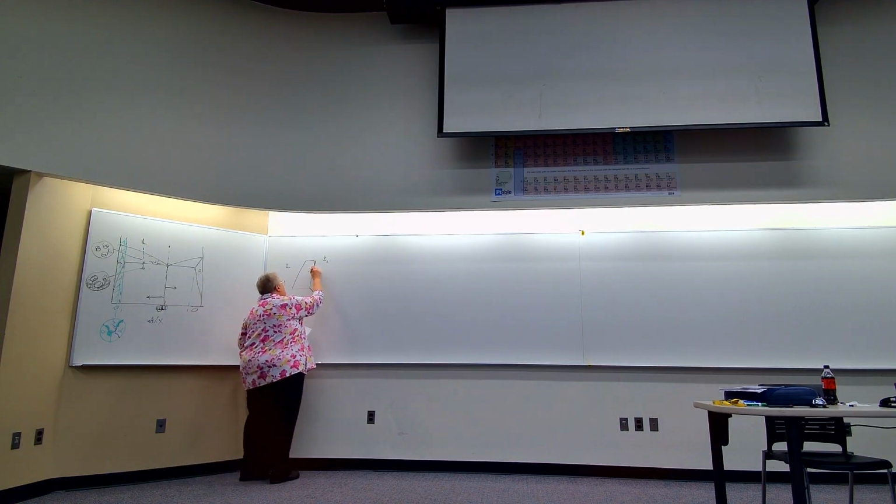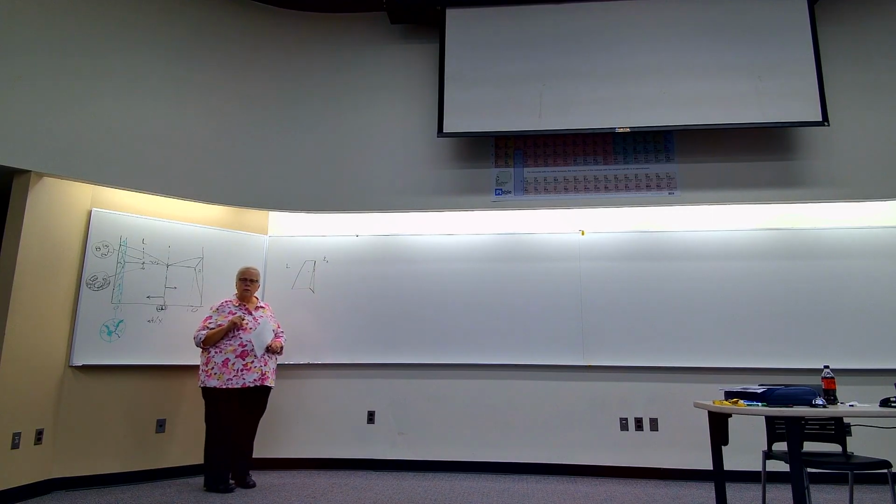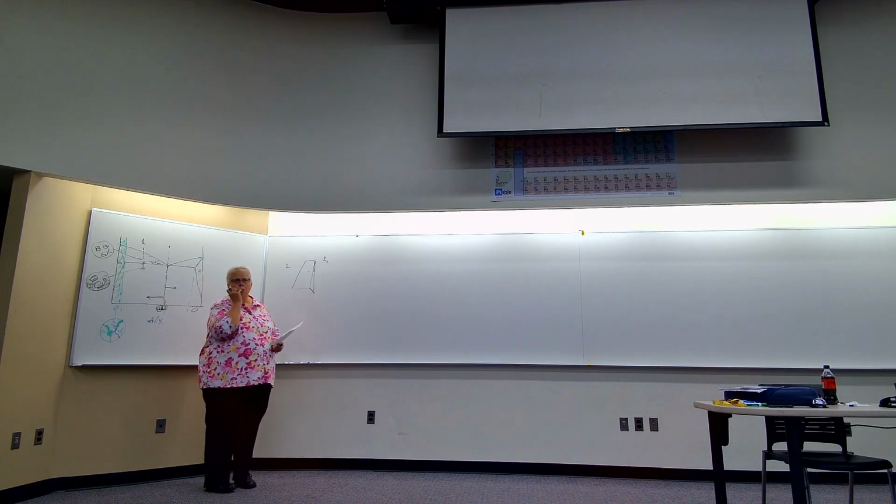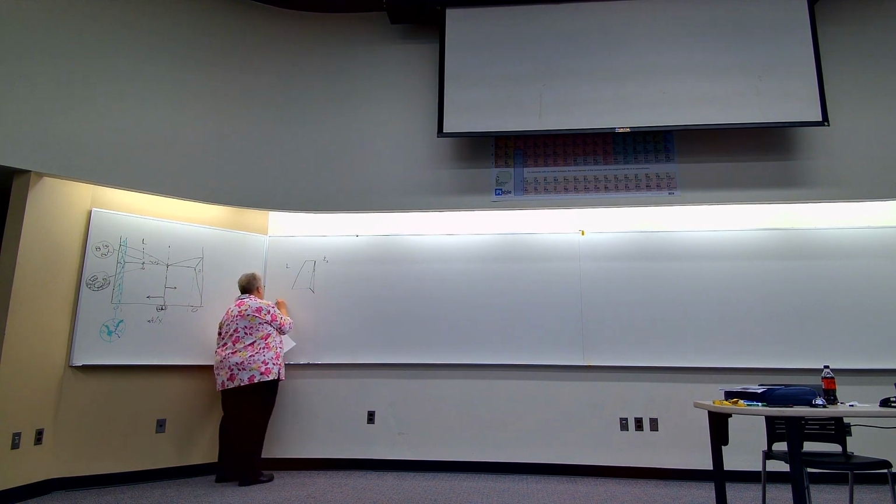First point here. Phases present at point 1. What are the phases present? The arrow's telling you. Eta 2, right? So at point 1, just one phase is present. What's the composition of that phase?